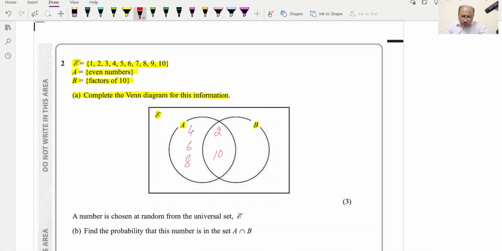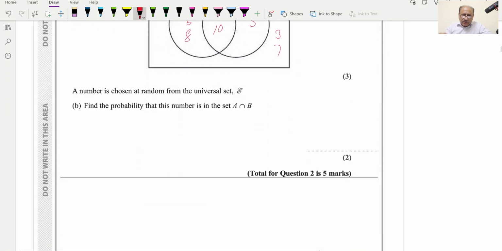Odd numbers which are factors of 10 are 1 and 5. Other odd numbers which are not factors of 10 we will write outside: 9, 3 and 7. So we have done 1, 2, 3, 4, 5, 6, 7, 8, 9 and 10. We have to double check that we are not missing anything.